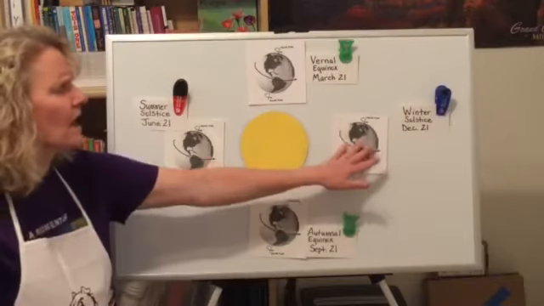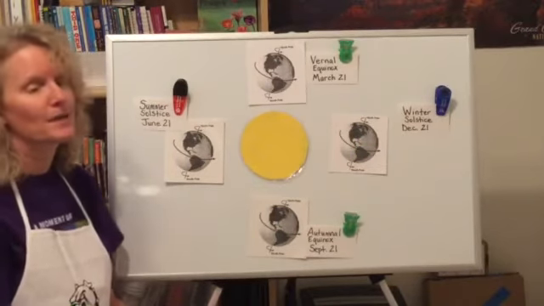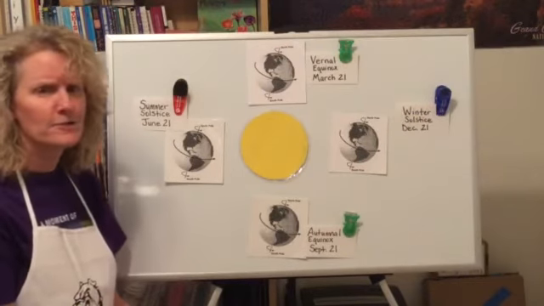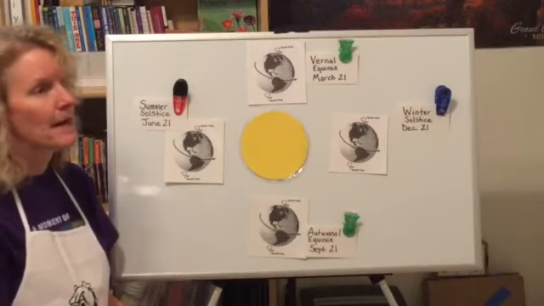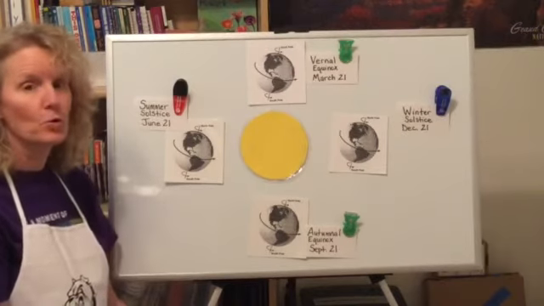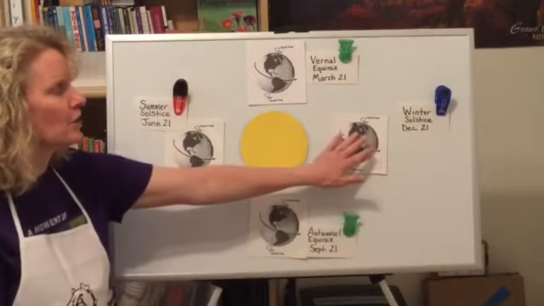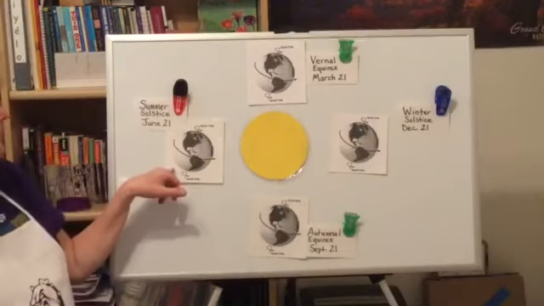This is a lot of people's least favorite season because you can't play outside as long because it gets dark at 5:30 or 6 o'clock. And then you wake up and it might be light in the morning depending on what time you get up. But you can't play outside as long with light in the winter as you can in the summer.